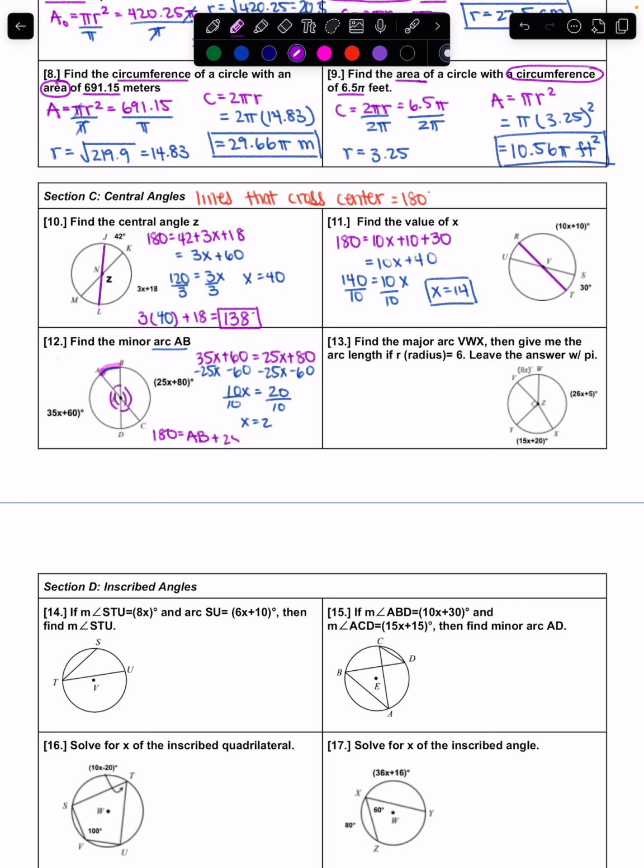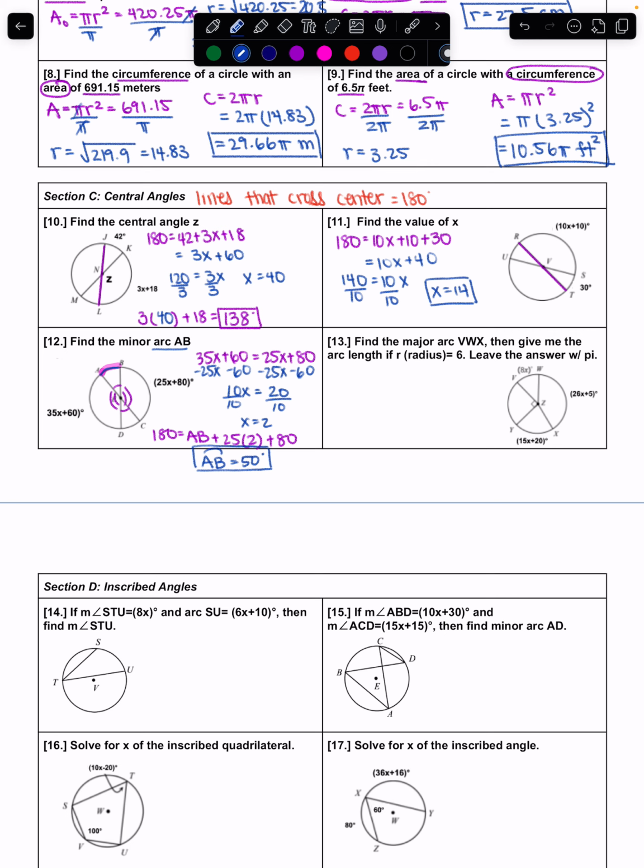So 25 times 2, because we got x equals 2, plus 80, okay? So 25 times 2 is 50, add 80, that's 130. So that means that my arc is equal to 50 degrees. Right. So that is number 12.